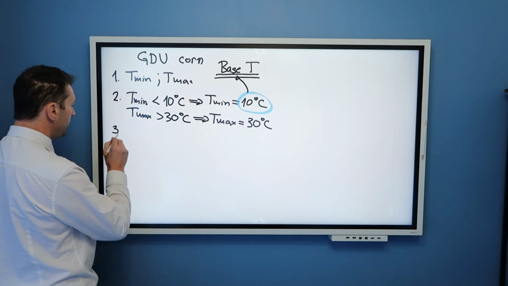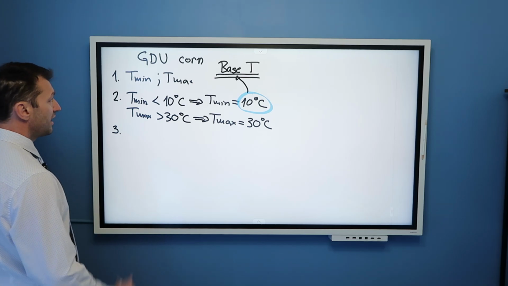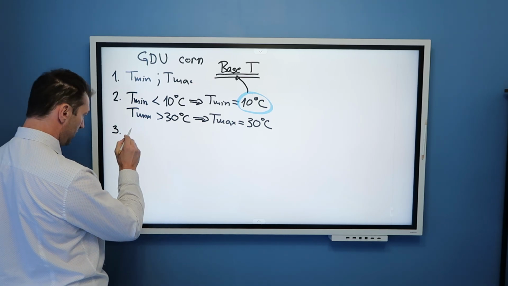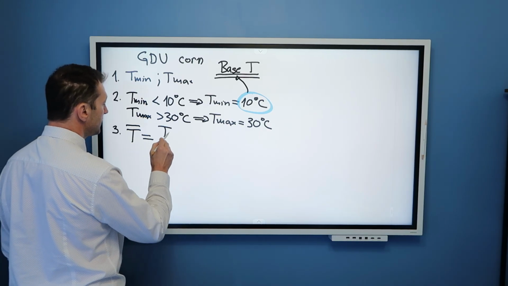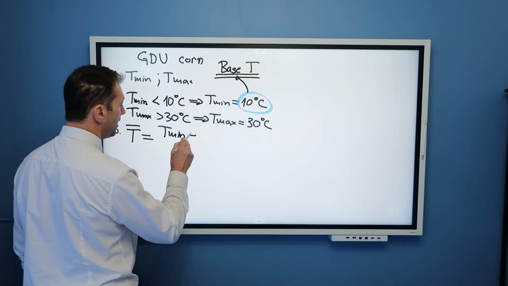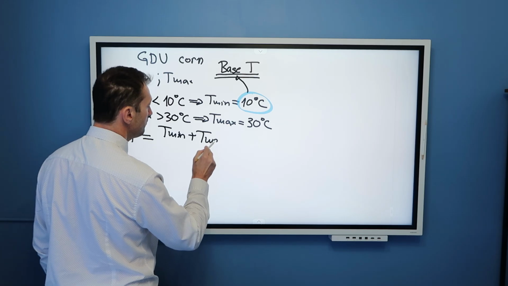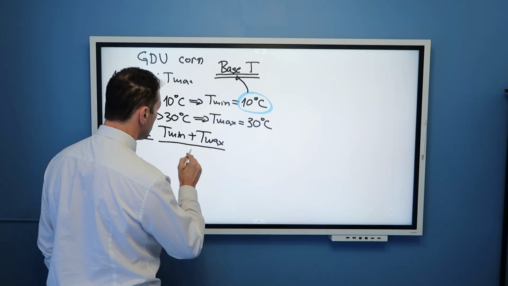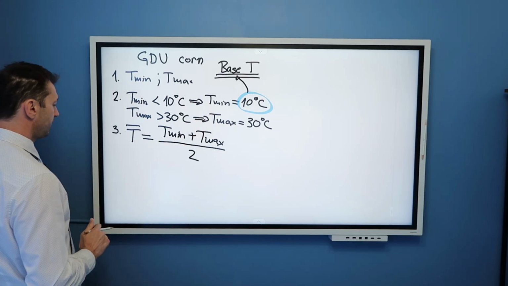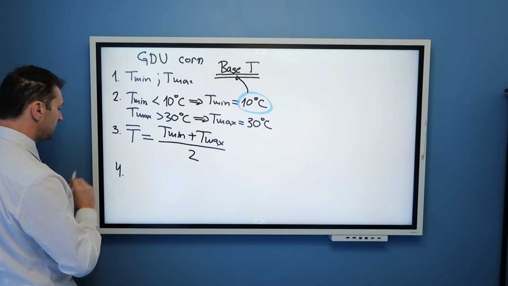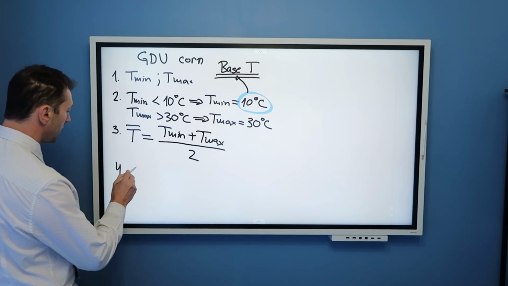Now, step number 3. Calculate daily average temperature T over bar equals T minimum plus T maximum divided by 2. So simple arithmetic mean of these two values. And then last step, step number 4.